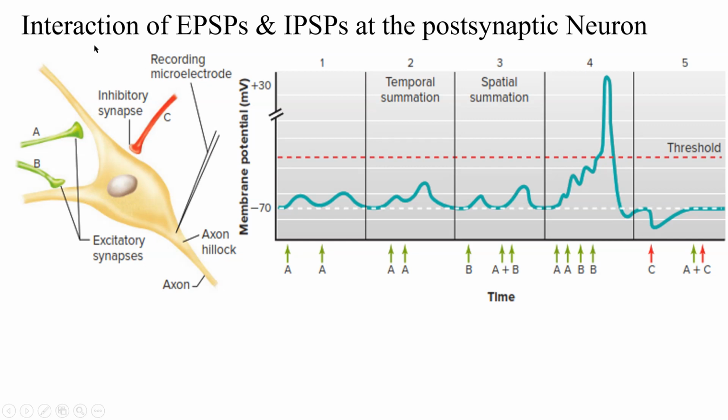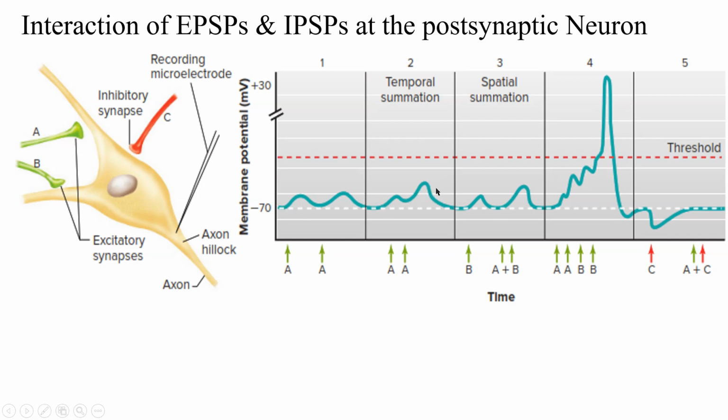This is showing summation. If A is firing, and it is firing with a little bit longer gap, one firing causes a local depolarization, right? Again it will come back to normal and die out. When you give another firing, again it shows the same, no action potential, right? When you are firing only A in sequence, then what will happen?